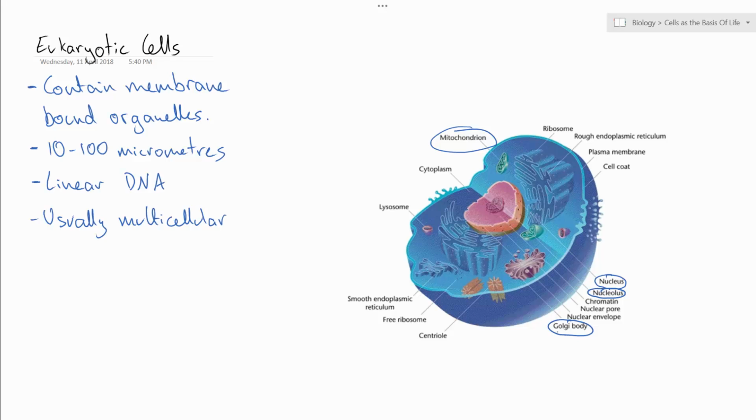We also have the endoplasmic reticulum. So this can be divided up into the smooth endoplasmic reticulum and the rough endoplasmic reticulum. The rough endoplasmic reticulum generally is characterized by having ribosomes attached to it. So we say it's rough. The smooth endoplasmic reticulum doesn't have the ribosomes, so it doesn't have that roughness to it. It's smooth, we call it.